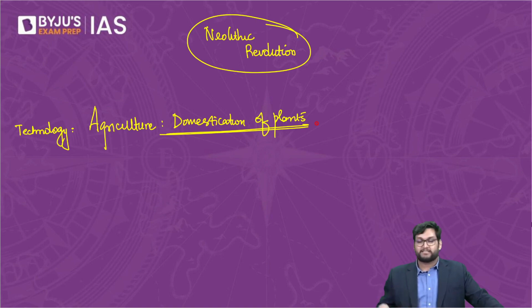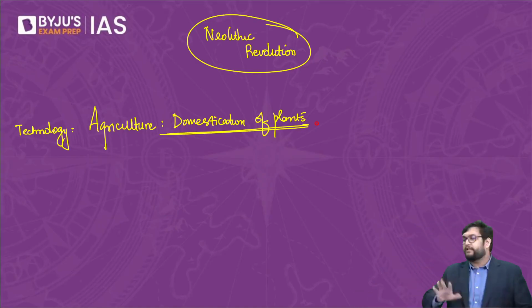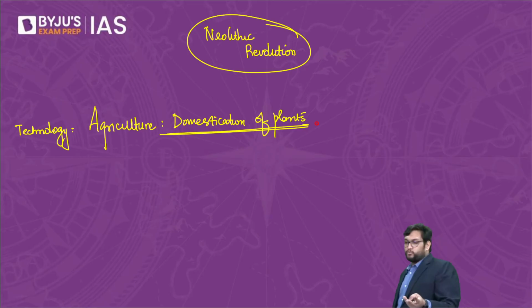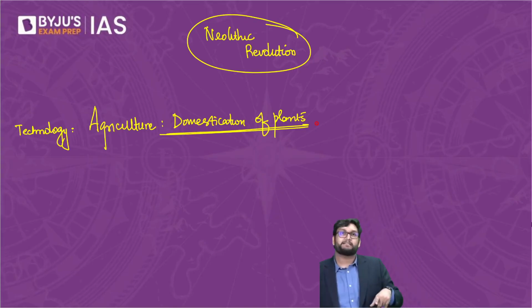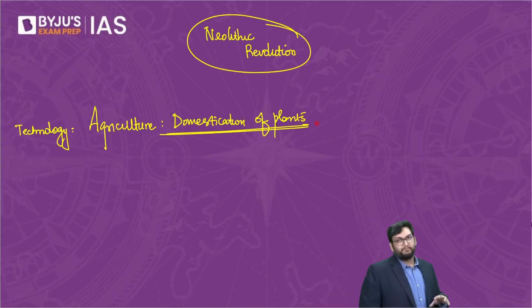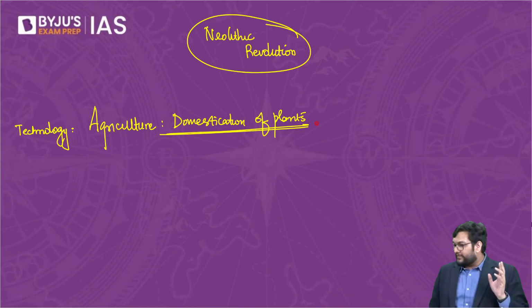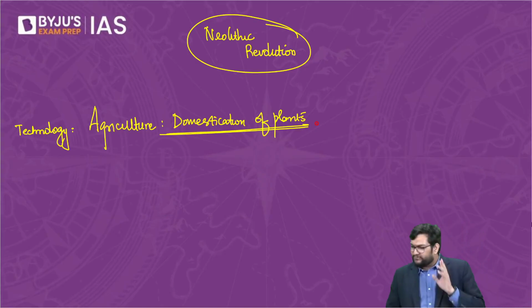When to harvest it? How to harvest it in such a way that the grain does not get damaged? What seeds to use? Where to use? How much water? Every plant has a different technique itself. So our farmers are taken very much for granted, but farming is a very difficult task.